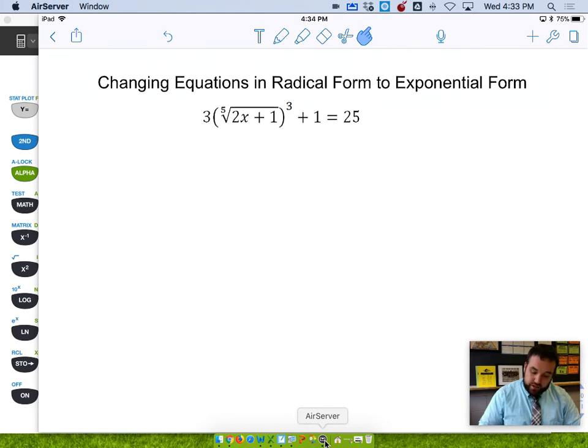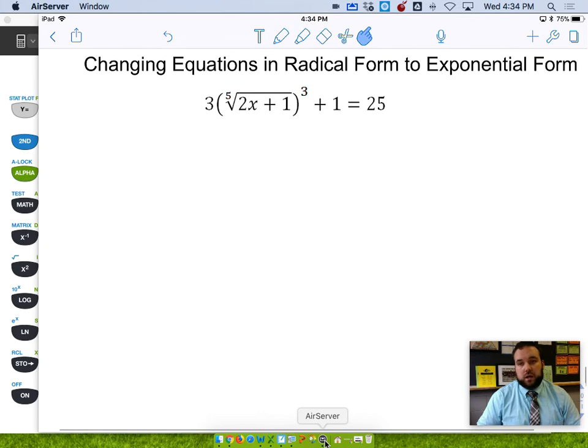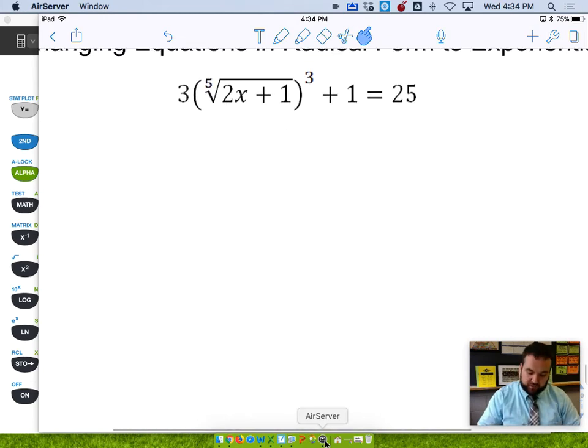The last thing I want to look at is what happens if something is in radical form. You could absolutely solve this equation as it stands without changing the form of it.